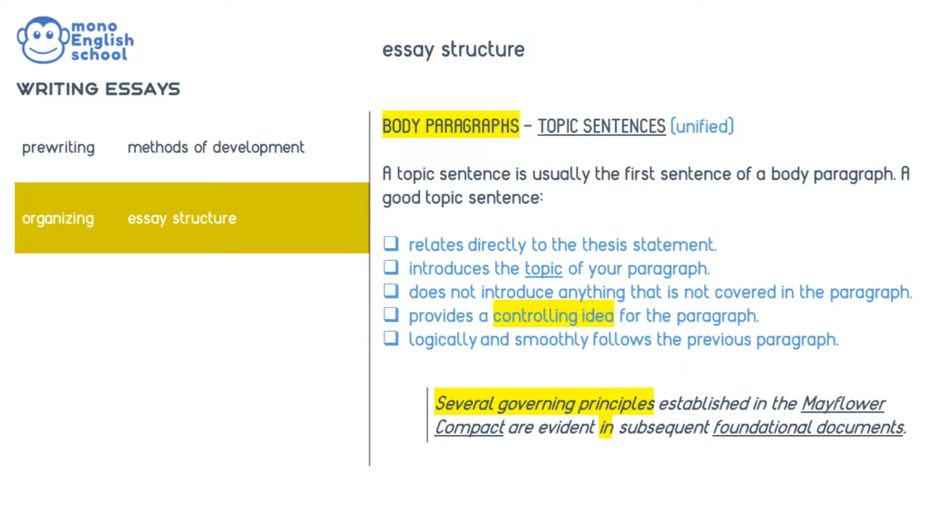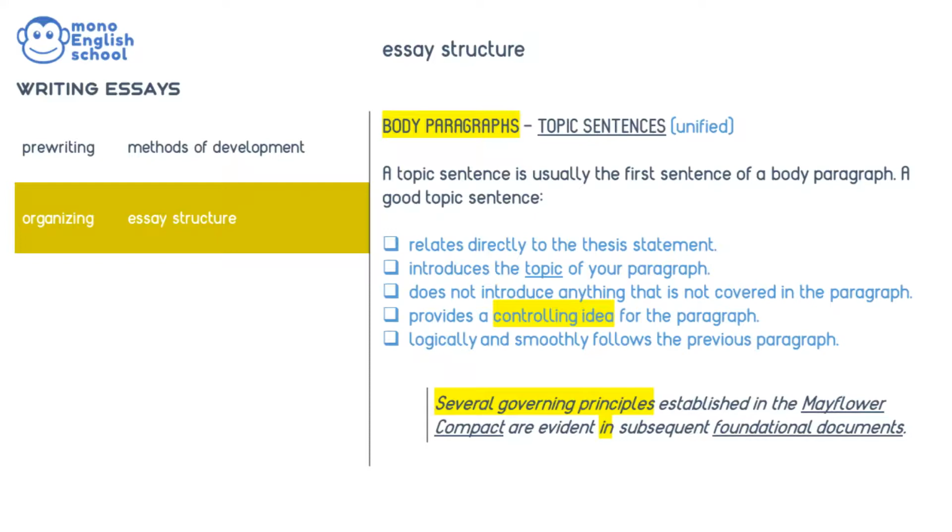This helps to achieve unity, as every sentence must relate directly to the topic sentence. If anything within the paragraph does not relate to the topic sentence, it should be moved or deleted.